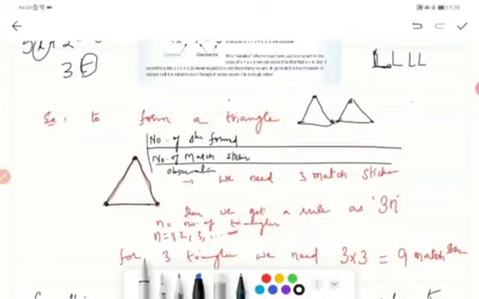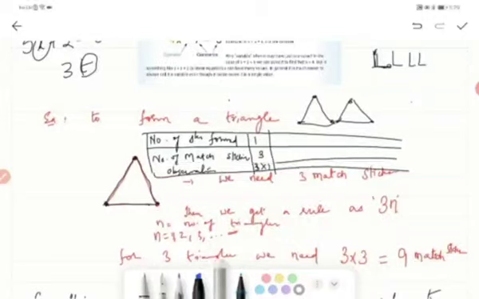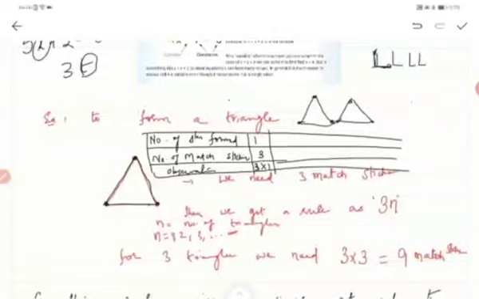So for one triangle to be formed, how many matchsticks do we need? For one triangle we need 3 matchsticks, so you will write this as 3 into 1. Let me draw this properly.